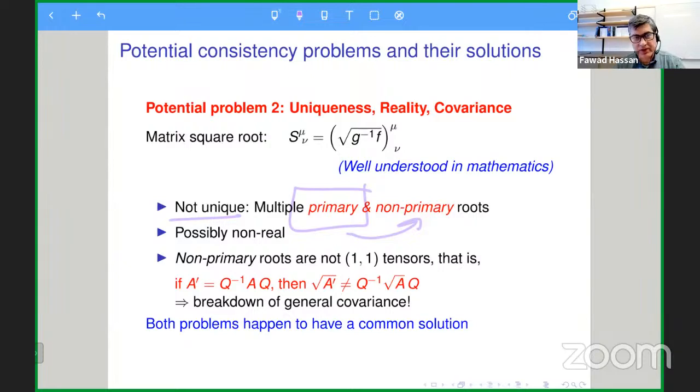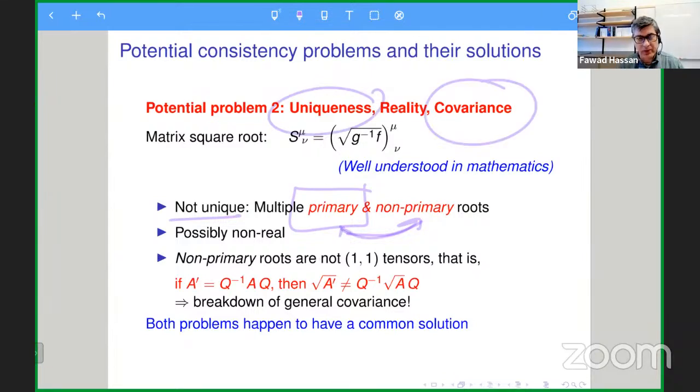So as your configurations change in space and time, as you go forward or backward in time, a primary square root can always go to a non-primary square root, so you run into trouble, except for one specific primary square root, which is called the principal square root. And that principal square root is very similar to the principal square root of ordinary numbers. So there's a unique square root, which you call the principal square root, and that is the one for which your theory is generally covariant.